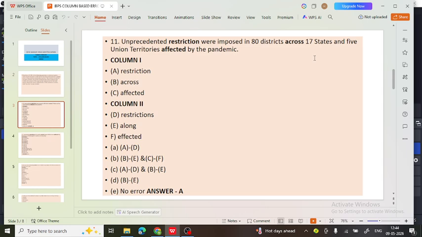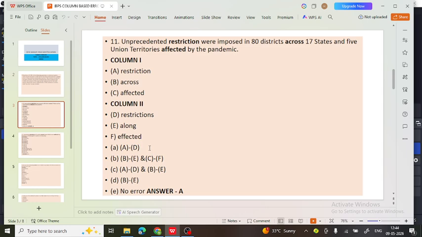The word along is not appropriate here, because within 17 states, 80 districts were imposed with that kind of restrictions. So the word across is appropriate here. So from options A and C, only option A is appropriate and the answer is A.